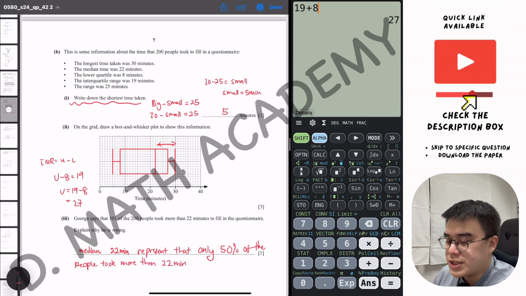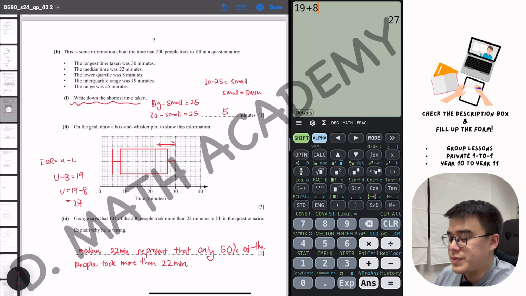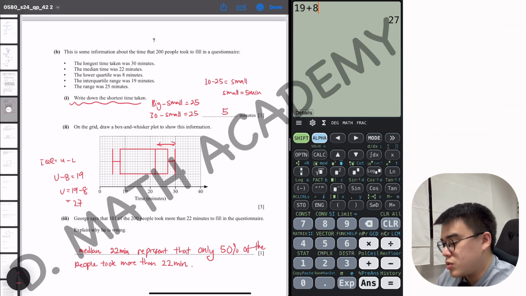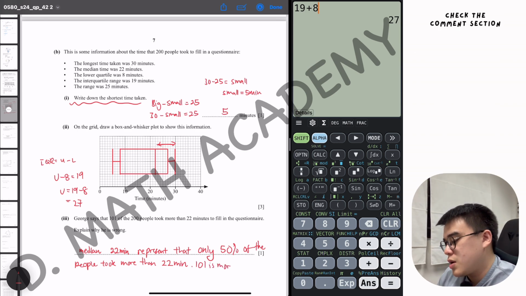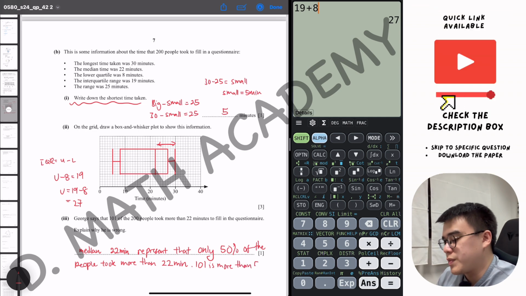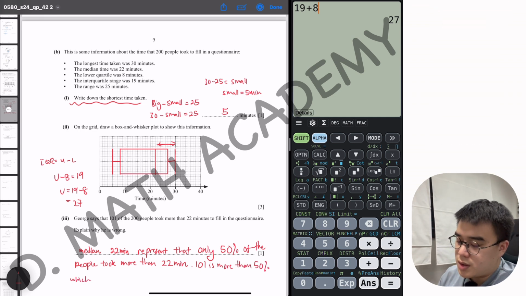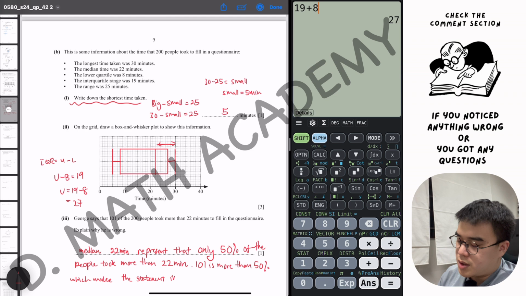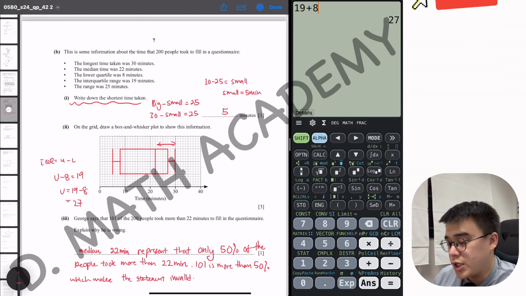There's no chance that 101 is correct, because 50% is just 100 people. So 101 is more than 50%, which makes the statement invalid. That's pretty much the reason why I rejected part 3 here.